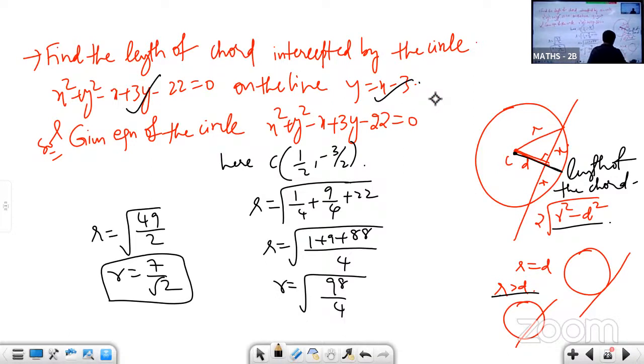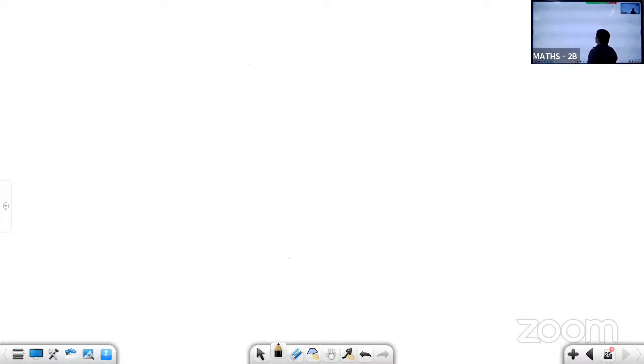Now in the question which I am going to discuss now, the length of the chord is given. So see the question.